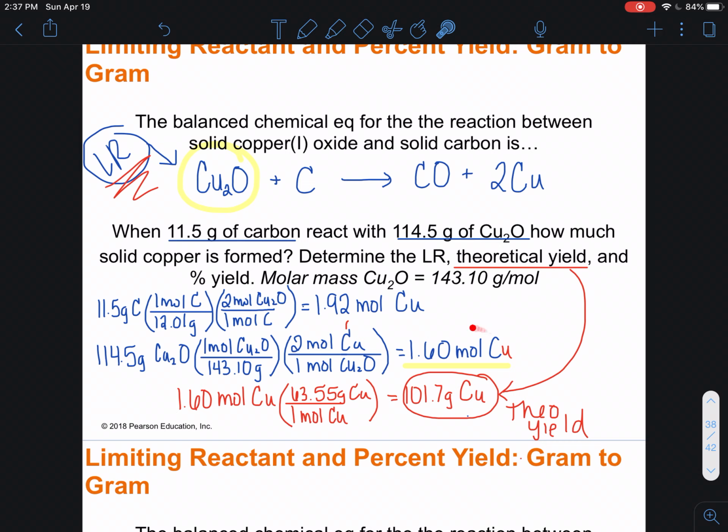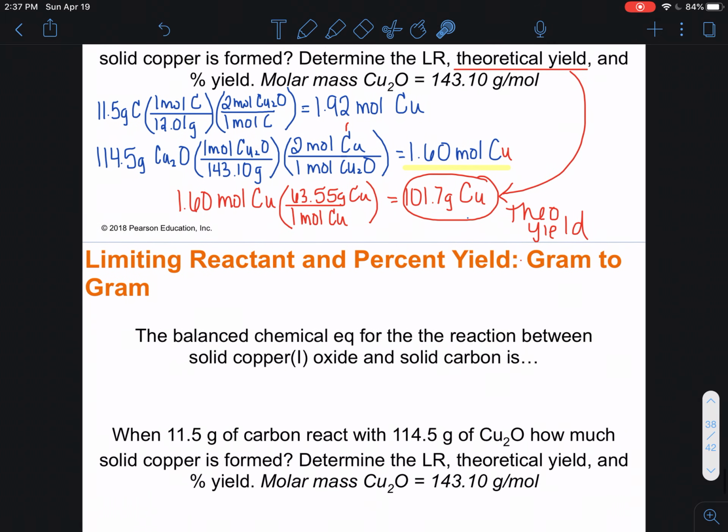You can easily determine that 1.60 mole is less than 1.92 moles. So copper oxide is our limiting reactant, and our theoretical yield is 101.7 grams, because we took this number right here and converted it to grams of copper.